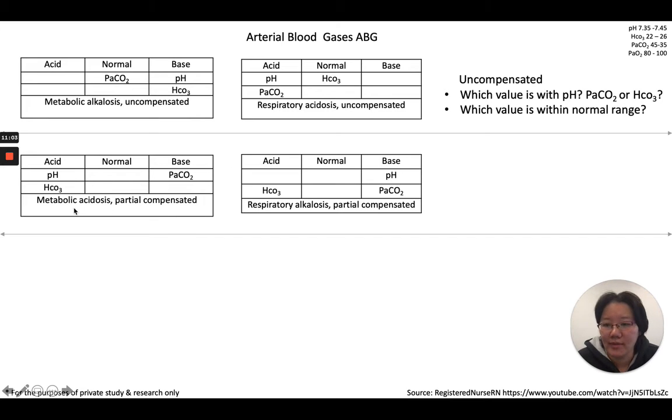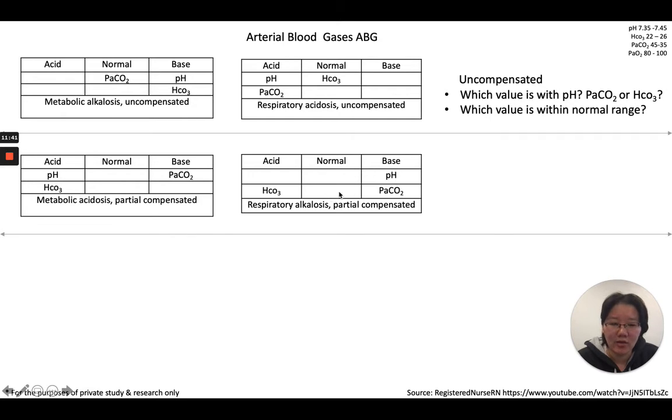For this one, pH, for example, if it's acid, and then HCO3 is with acid as well, so that's metabolic acidosis. Now, it's not in normal anymore, so that means it's doing some compensation. So if it's on the base here, on the opposite side, then that's partial compensation. Same here. Let's say PaCO2, respiratory, is on the base side as with pH, so that's going to be respiratory alkalosis.